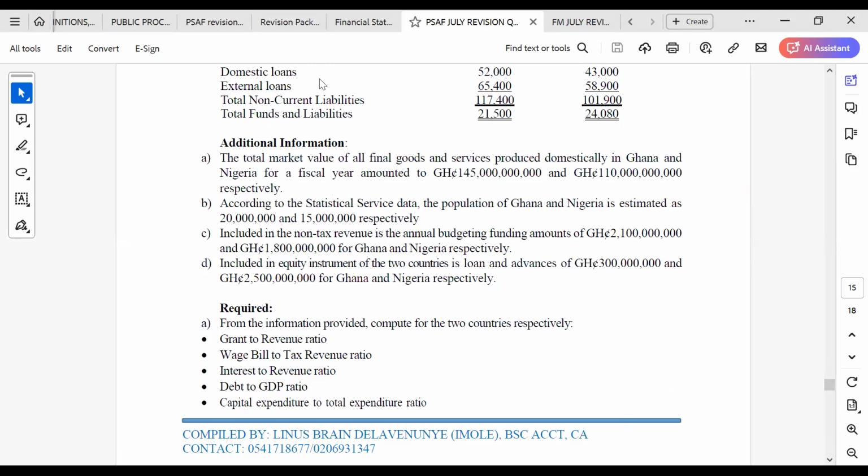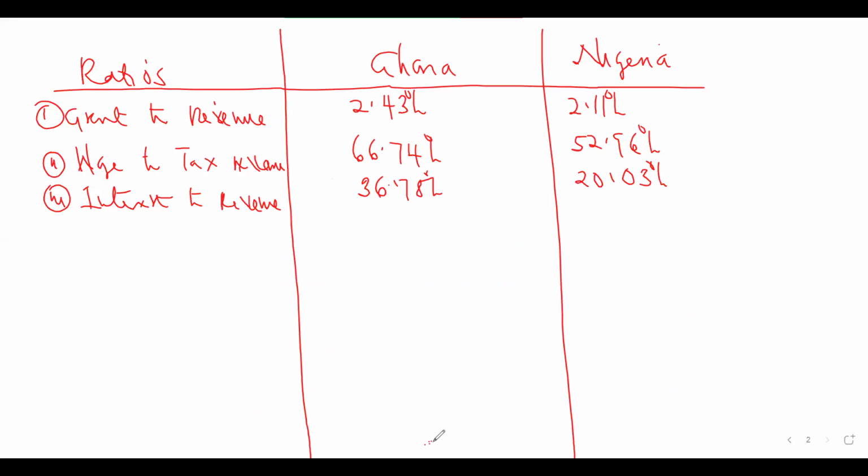Please, when you look at the additional information, the D, there's something on it about loans. I want to find out if it will not affect the domestic loan or the external loans. Those loans are the loans given to employees. Okay.